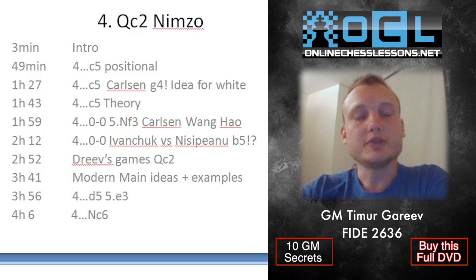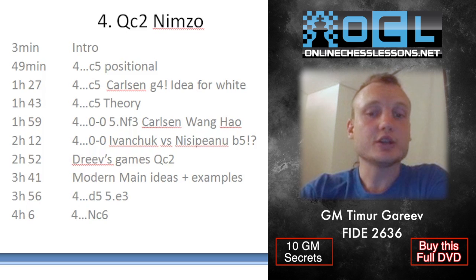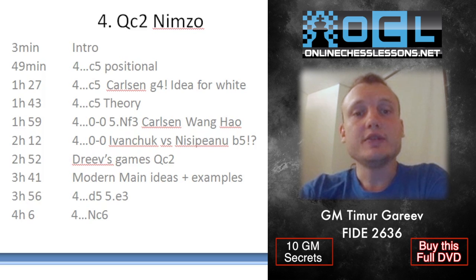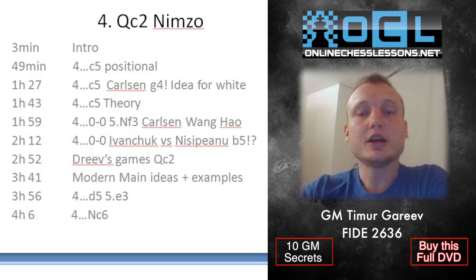Now, after that, we're going to see some theory of move 4 c5, which Nimzo actually played for black as well, and c5 I explored quite deeply. That's why I got quite a bit of material here on the topic. So afterwards, we're going to see the move 5 knight f3 that Carlsen reinvented for white in the Qc2 systems.